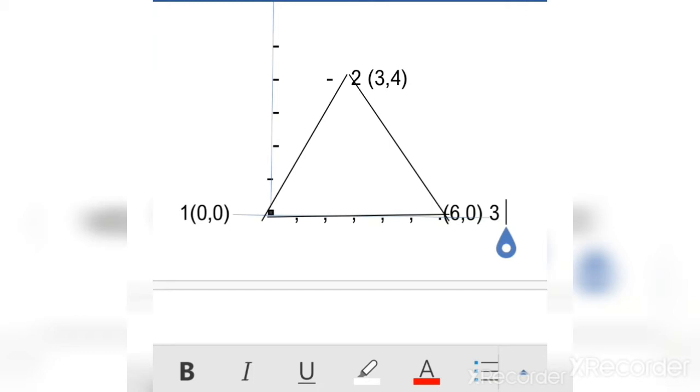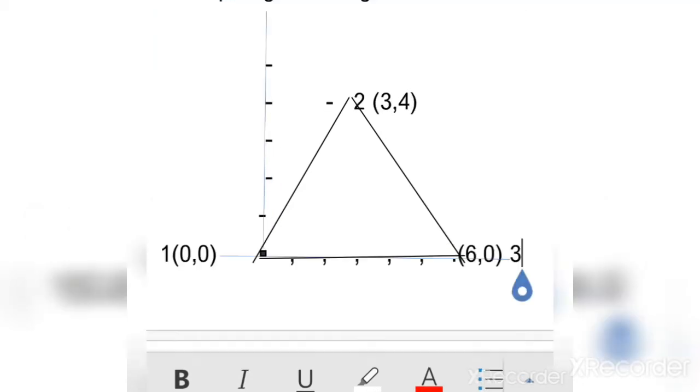If we try to draw a line from the second point of this triangle, that's the vertex angle, to the base of the triangle, it will intersect the midpoint of the baseline.